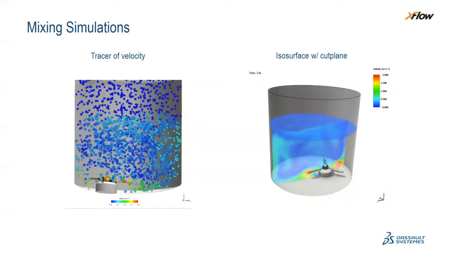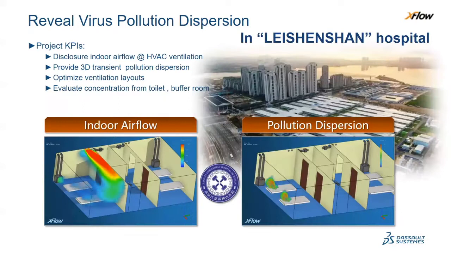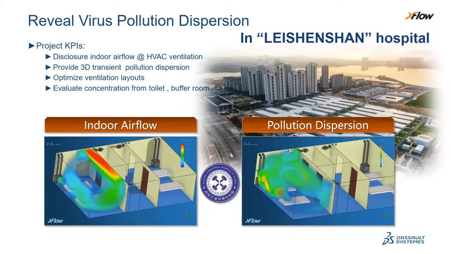Another famous example, I believe many of you might have seen in the news, is the Leishenshan Hospital in China. Early last year, at the beginning of the outbreak of this pandemic in the city of Wuhan, China, the hospitals were not enough to accommodate so many patients in a short time. So the Chinese government decided to build a new hospital dedicated to this pandemic. They called it Leishenshan Hospital.